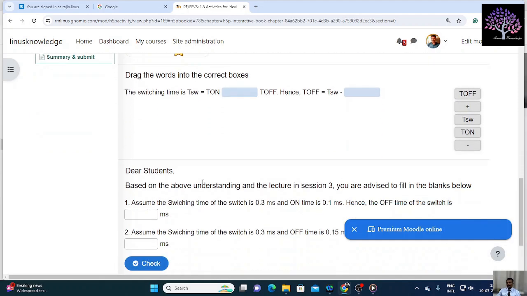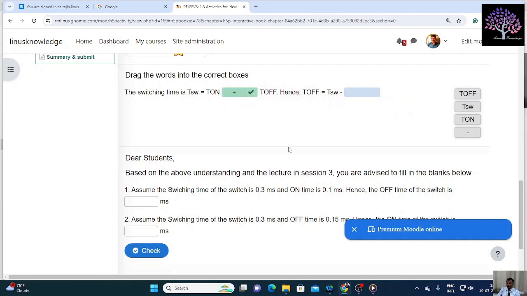Then drag the words into the correct boxes. For the switching time, we already know the formula, right? Switching time equals T on plus T off. So you just have to drag it and paste it here. It will be the correct answer.